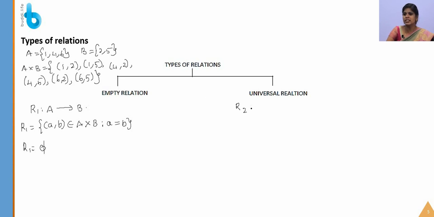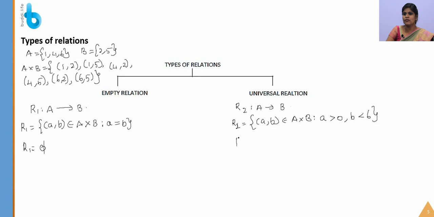Let me define a relation R2 from A to B such that the relation R2 is going to be (A, B) belongs to A cross B, and A should be greater than 0, that is the first element should definitely be greater than 0, and B should be less than 6.